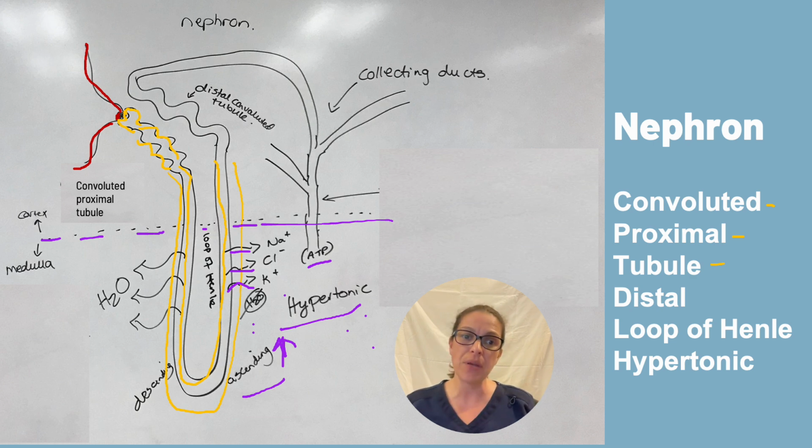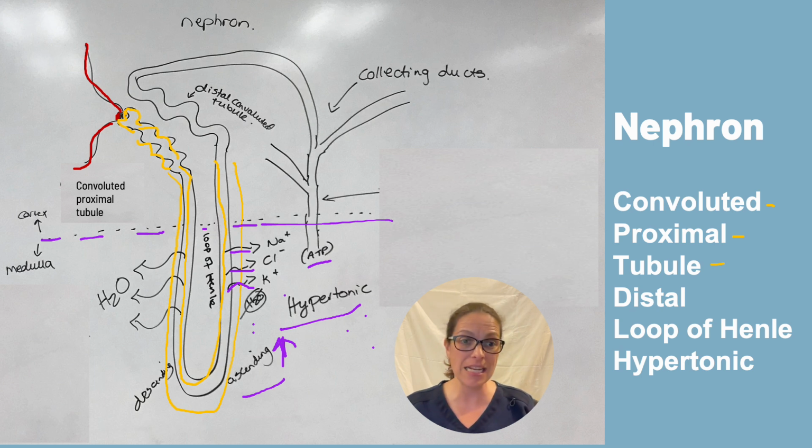So the medulla becomes hypertonic, really, really salty, because the ascending loop of Henle has pumped out these salts. Please note, only salts can come out of the ascending loop of Henle. On the descending loop of Henle, only water comes out, no salts.